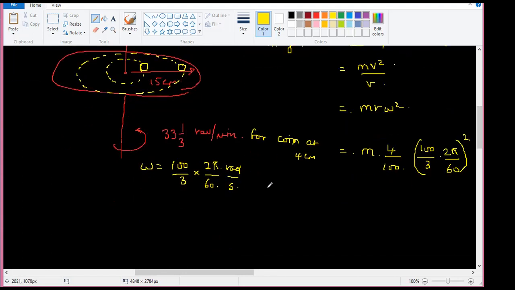Similarly, I can do it for the coin at 14 centimeters. Same mass, 14 centimeters, and omega is 100 by 3, 2 pi by 60.